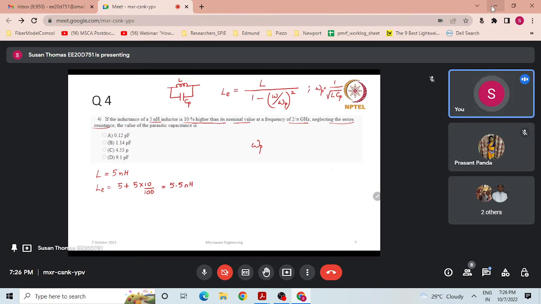The operating frequency is given, F is equal to 2 by pi gigahertz. So what is omega? 2 pi f, so 2 pi into 2 by pi, and giga is 10 power 9. Pi cancels, so omega is 4 into 10 power 9.